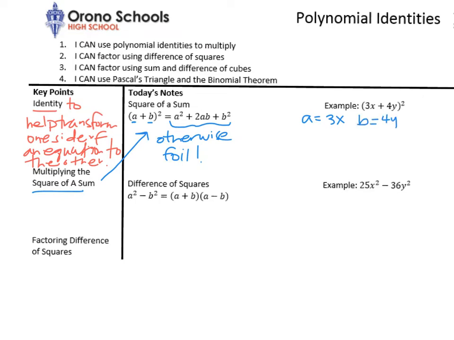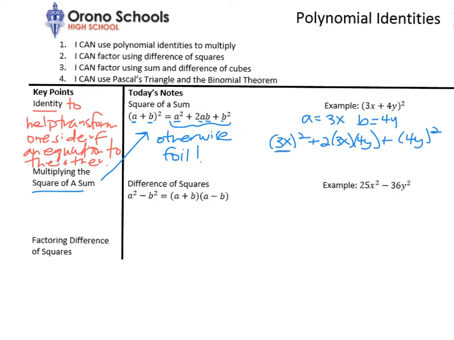So I'm going to substitute it into my definition for A and B. A is 3x, and we're going to square that. So 3x squared plus 2 times A times B, so that's just one big product right there, plus B squared, so that's 4y squared. And now we just simplify.